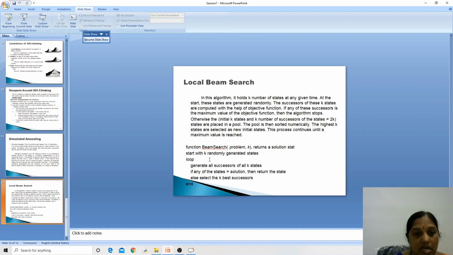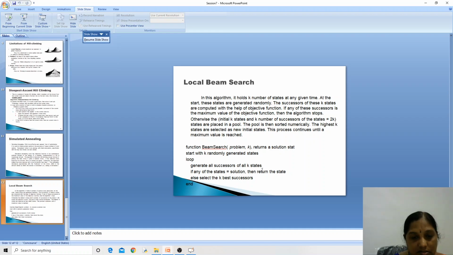Here is the algorithm for local beam search. It is a function beam search that takes problem comma k. Problem is the objective function for the problem you are passing as a parameter, and k is the number of states. It returns a solution, starting with k randomly generated states. Here we have a loop. Generate all successors of all k states.